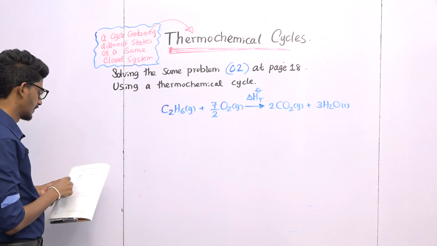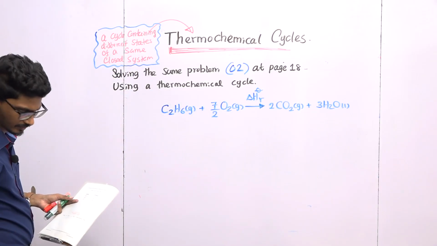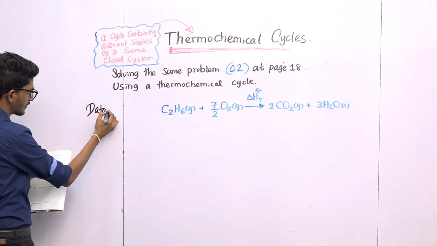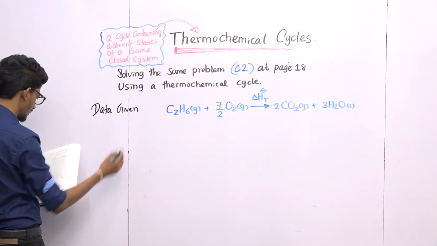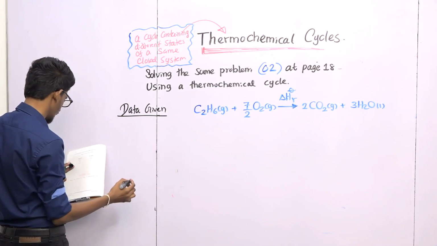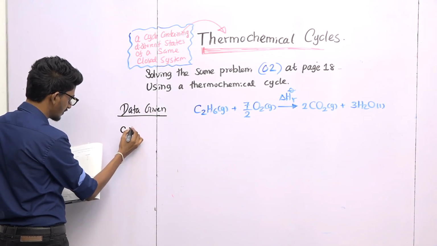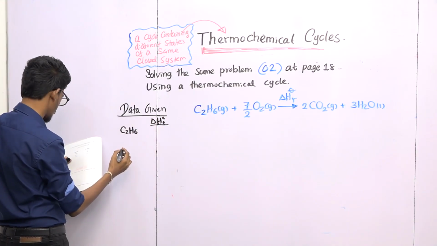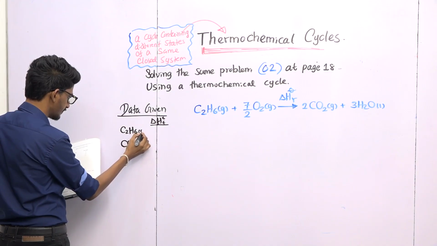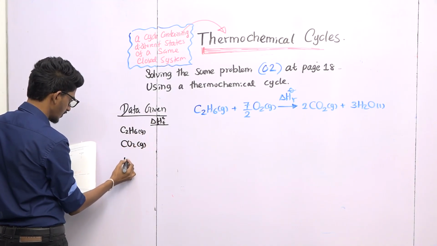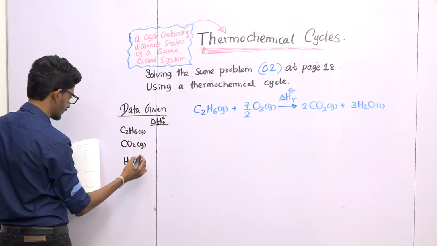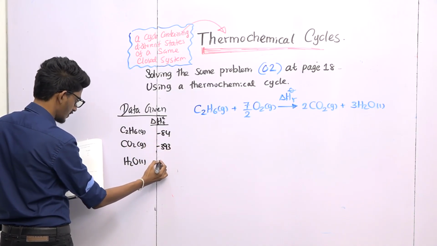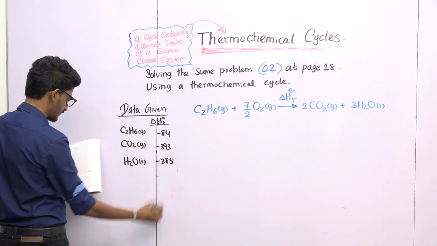So some data is also given. What is the data given? They have given some data about C2H6, CO2, and for H2O liquid as well: minus 84, minus 393, minus 285.